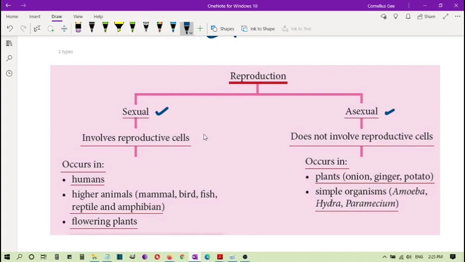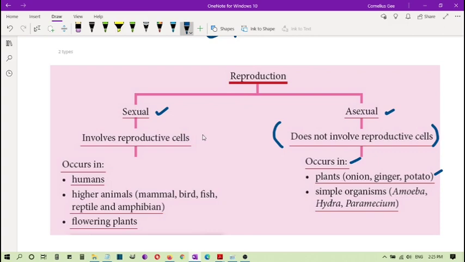Asexual reproduction does not involve reproductive cells. It happens in plants and simple organisms. Simple means one cell or unicellular, or very simple organisms that are small and not complex.